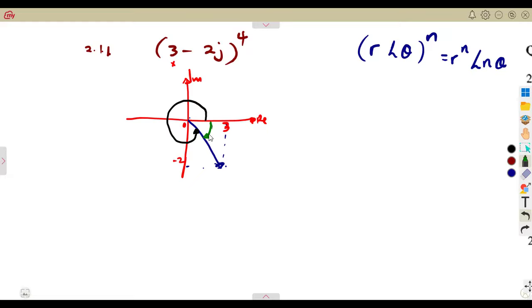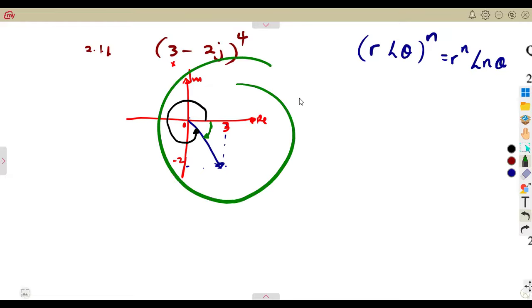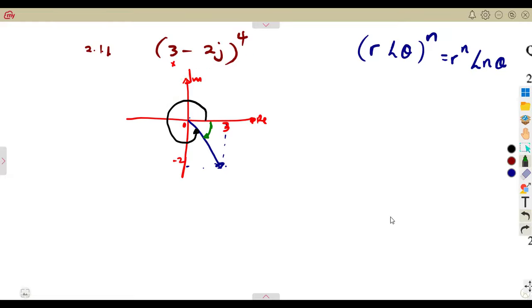Taking this angle inside, it will be negative. Remember, angles going clockwise are taken as negative angles, and anti-clockwise as positive angles. So this angle is going to be negative. It's up to you, so I'm just going to use this one inside, the acute angle.